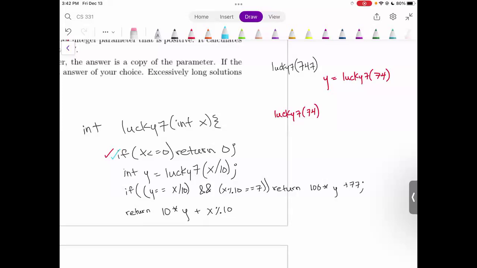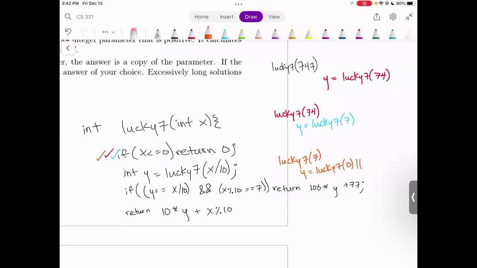And we go to y again for this one. Y equals lucky7 of 7. Okay, so we go to lucky7 of 7. And then it passes this one. And we see, okay, we do y equals lucky7 of 0.